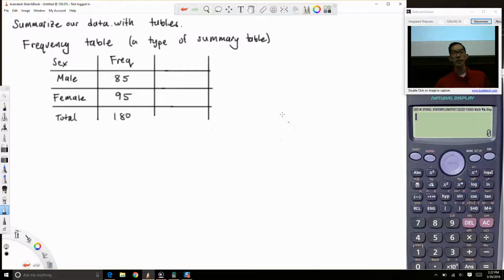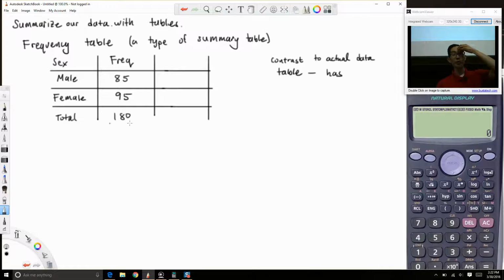Okay? All right. If this is our summary table, contrast this to the actual data table. How many rows would exist in the actual data table? So this table, there's just 3 rows, right?